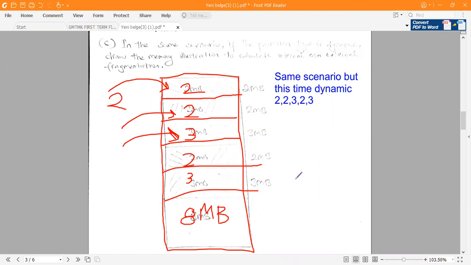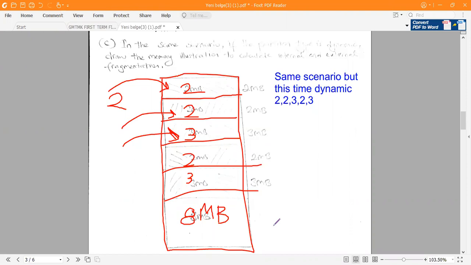So you can easily just subtract from 20 here. I have 2, 2, 3, 2, 3. So totally 4, 7, 9, 12. 12 megabytes of used space by processes, used memory, and 8 megabytes is remaining.